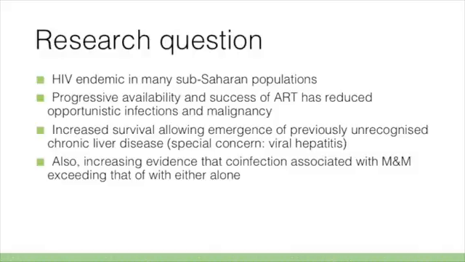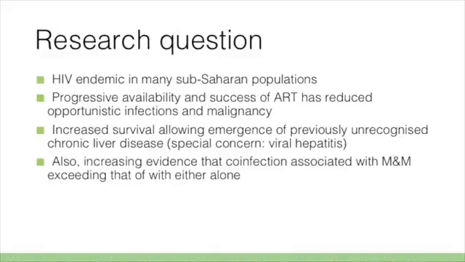So now we have increased survival, and we now see the emergence of previously unrecognized chronic liver disease, and of special concern is viral hepatitis. So these patients live a longer life now. The HIV is under control, and now we see other problems apart from the opportunistic infections and malignancy.